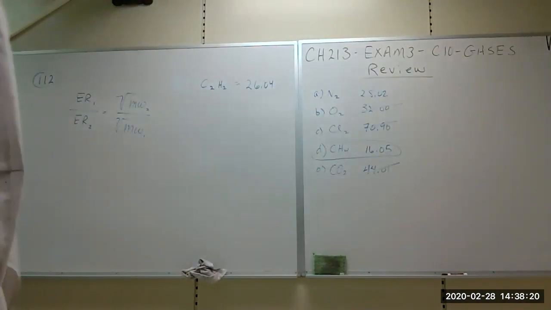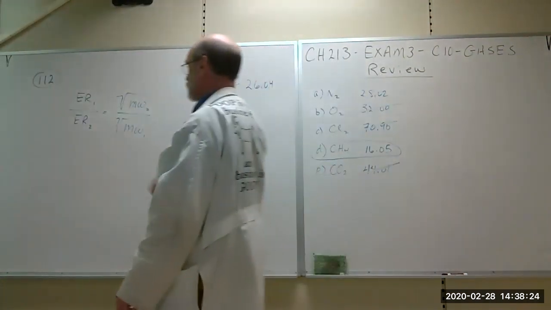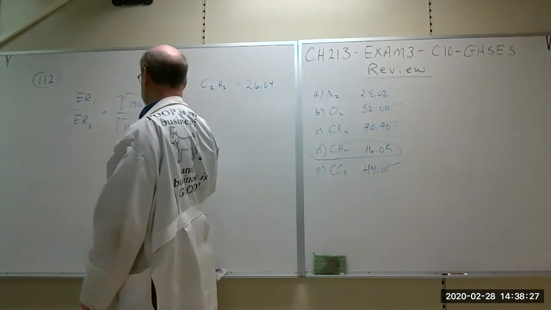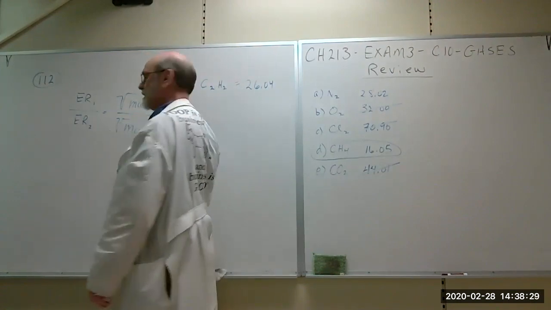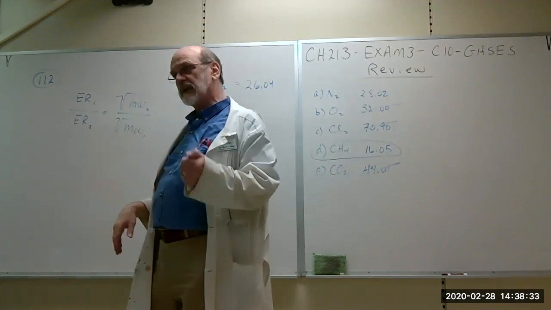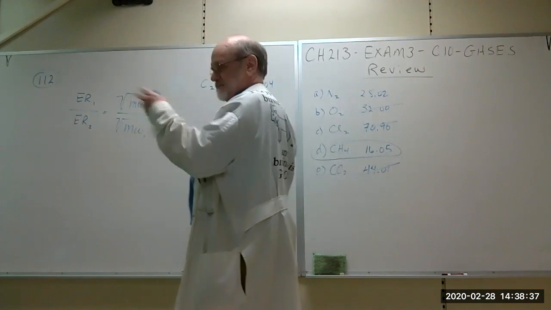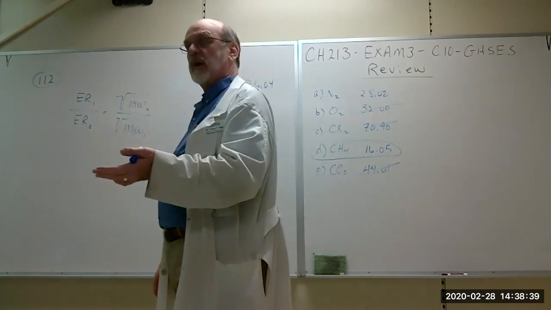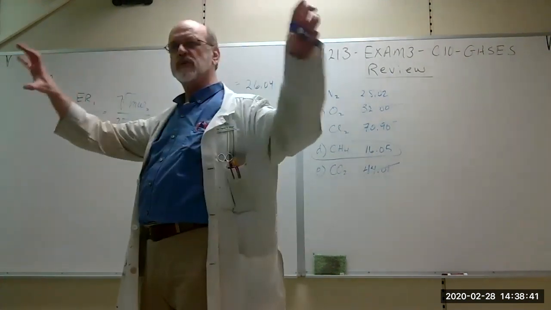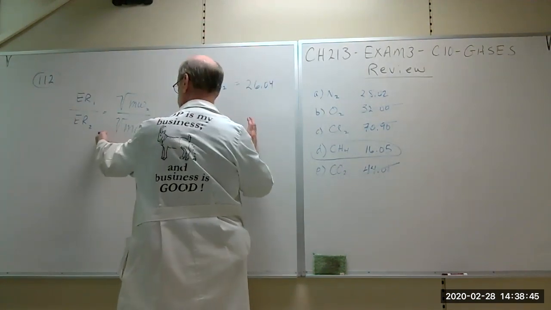Now, if we actually wanted to calculate the ratio of the diffusion rates, we just plug the values in here, and then we get a ratio. What that ratio would tell you could be any number of things depending on the experiment. But if we use that glass tube experiment, it would tell you the ratio of the distances traveled.